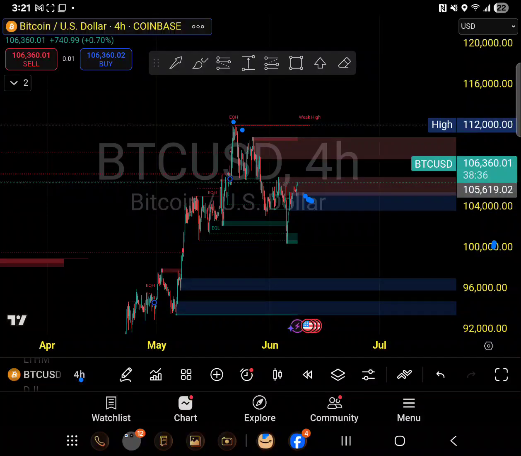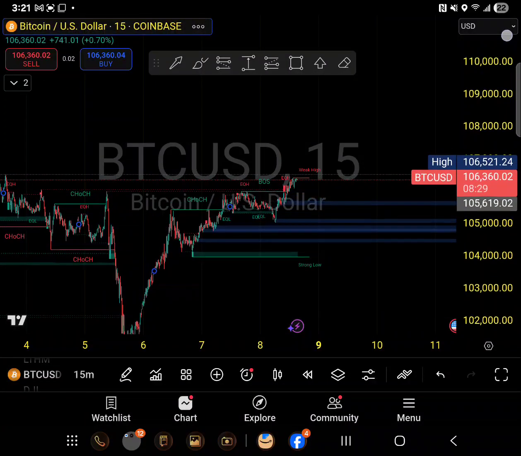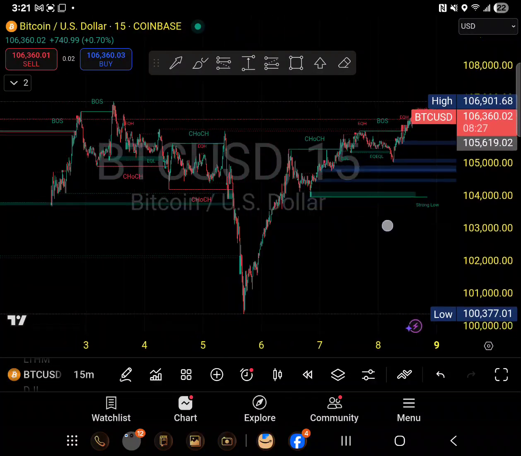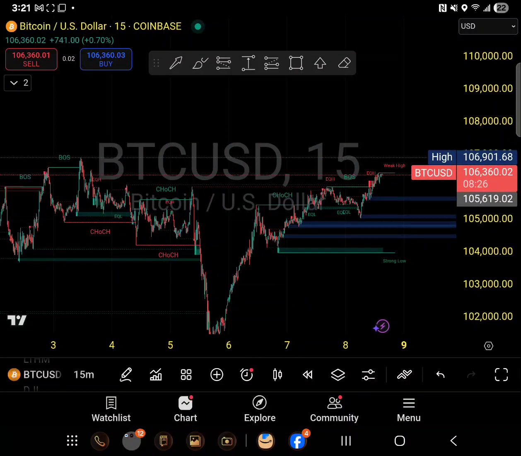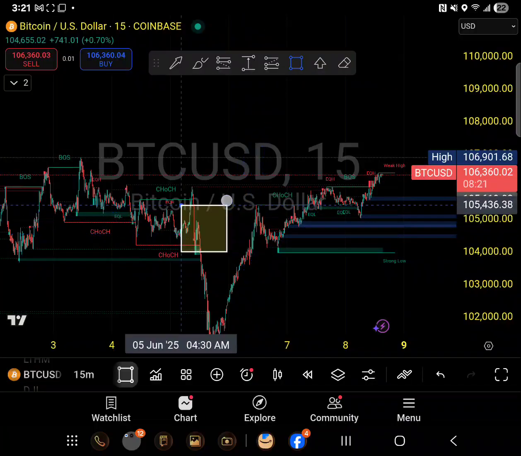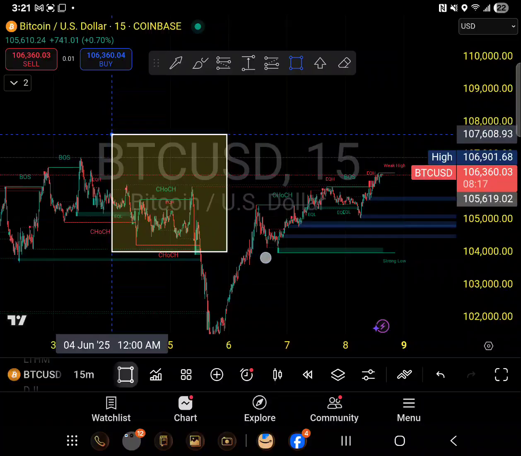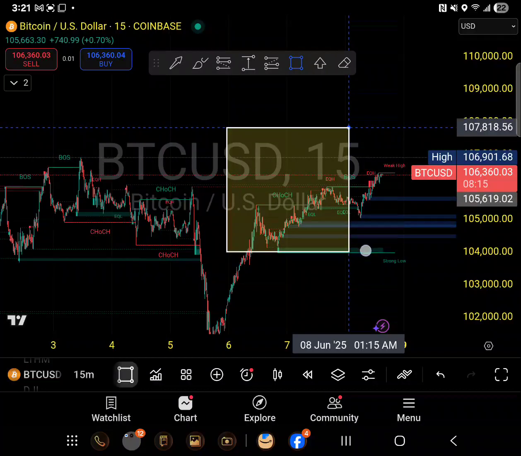So let's look at 15 minutes. In 15 minutes, what is it doing? As I said, right now, this particular area I'm talking about.